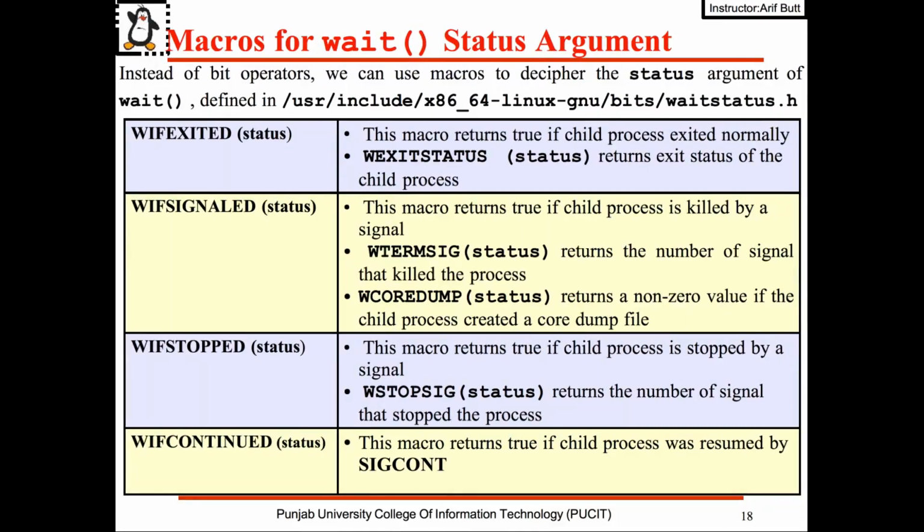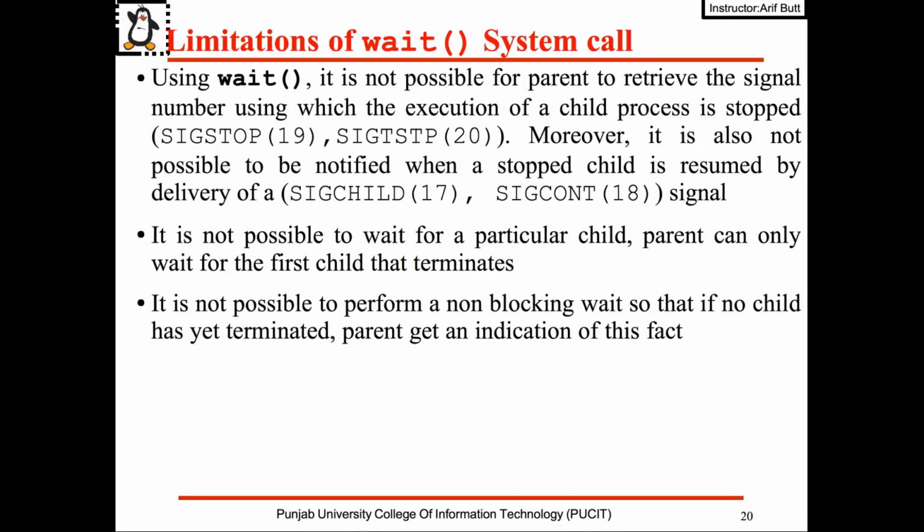Let us fall back to the terminal again. And now let's talk about the limitations of the wait system call. Well, dear students, using wait, it is not possible for the parent to retrieve the signal number using which the execution of a child process is stopped. Moreover, it is not possible to be notified when a stopped child has resumed its execution.